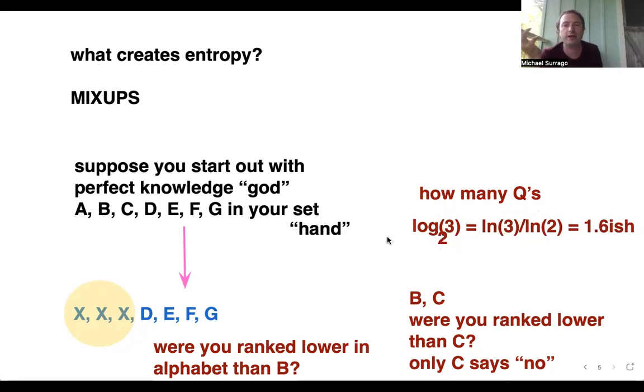Essentially, the 1.6 tells you, okay, I'm going to need to ask 2 questions, but there's a good probability that I might get there in just 1.6 or so questions.